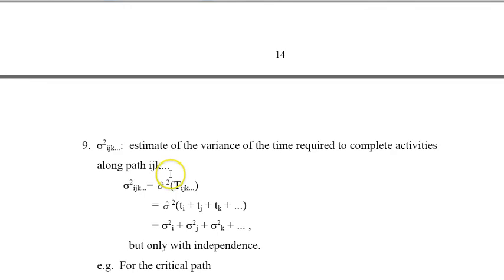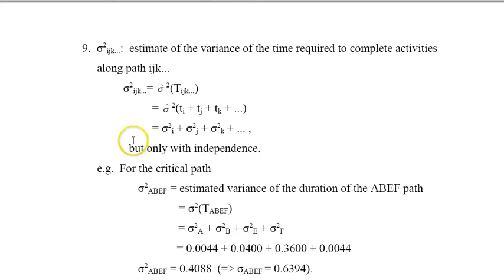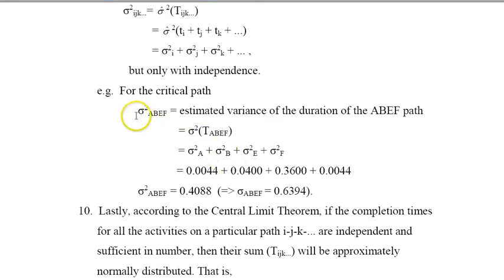Second thing, I want to compute the variance of the critical path, and basically I add the variances of my individual activities as I calculate them in the table. So the variance for my path A, B, E, F would be the variance of A, variance of B, variance of E, variance of F. I add them up, and that gives me a value of 0.4088, and then I find the standard deviation by taking the square root of this value, which is 0.63.